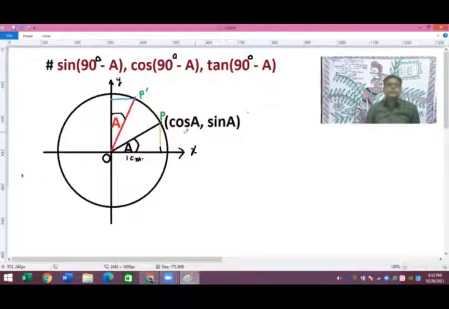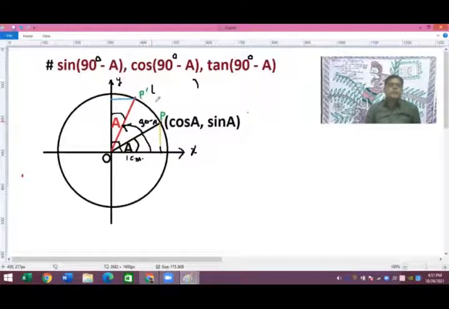So the x coordinate is cos A and the y coordinate is sine A. And let's check what the x and y coordinates will be for this point P dash. So we are talking of 90 minus A. That means the whole thing up to here is 90 degrees, so this angle is going to be 90 degrees minus A.